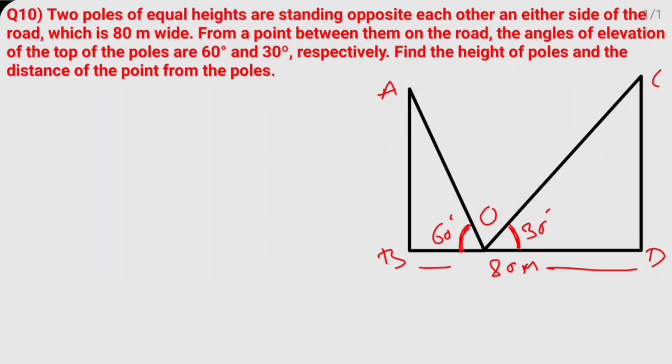So here we want to find out the height of the pole and the distance of the point from the pole. So write down the solution.